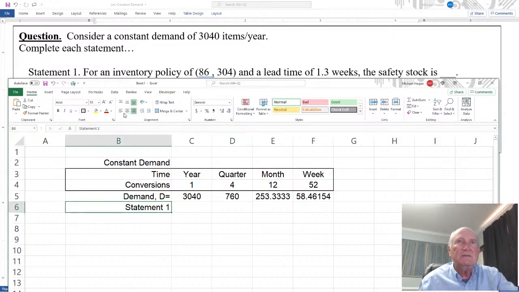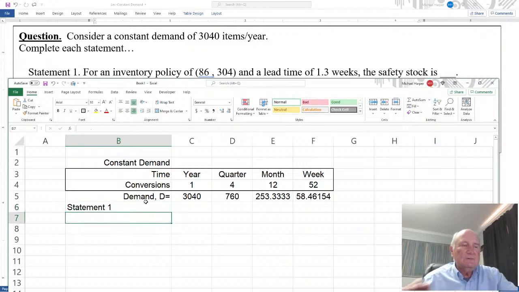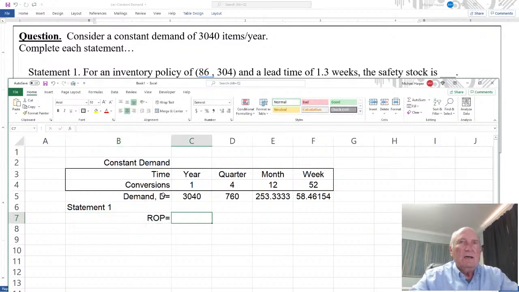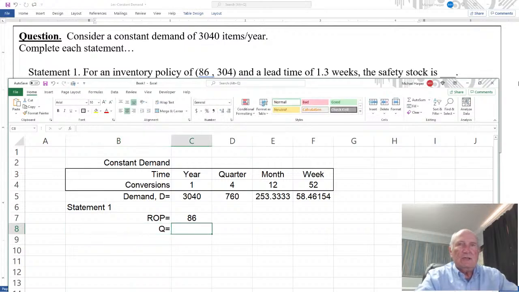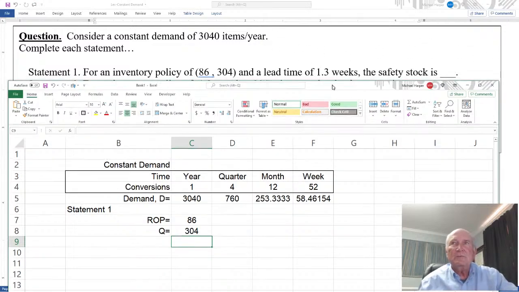Let's left justify this. So we have ROP equals 86, and then the Q is going to equal 304.